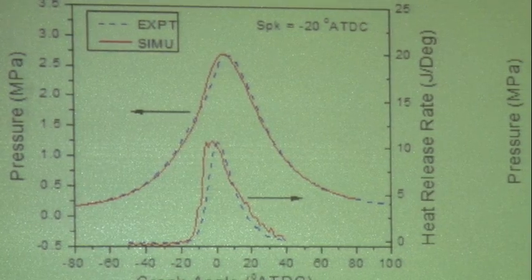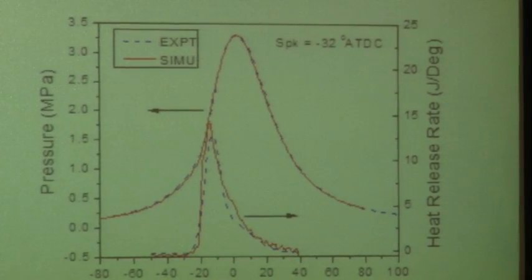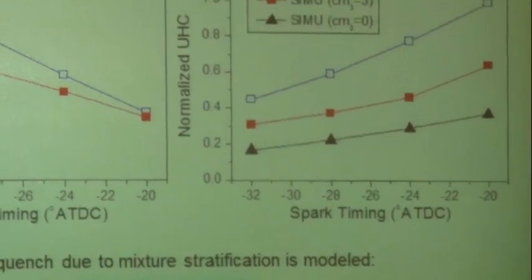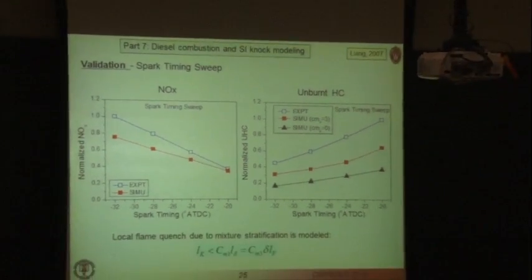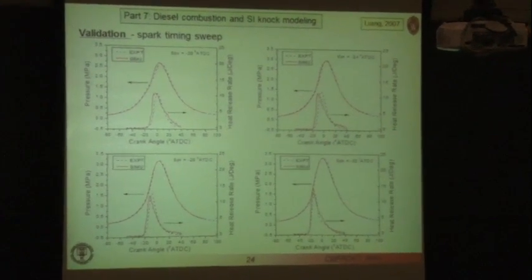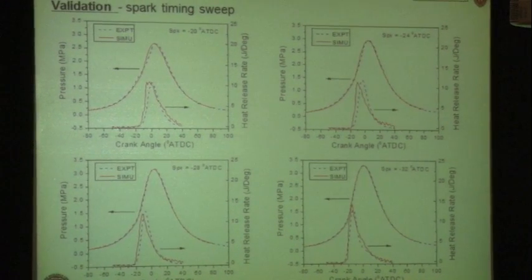So basically there's more time at high temperature with the early spark case, which of course would lead to higher NOx. All right? So this is from the pressure trace. So you make a measurement of the pressure trace, use the first law of thermo to convert that into an apparent heat release.